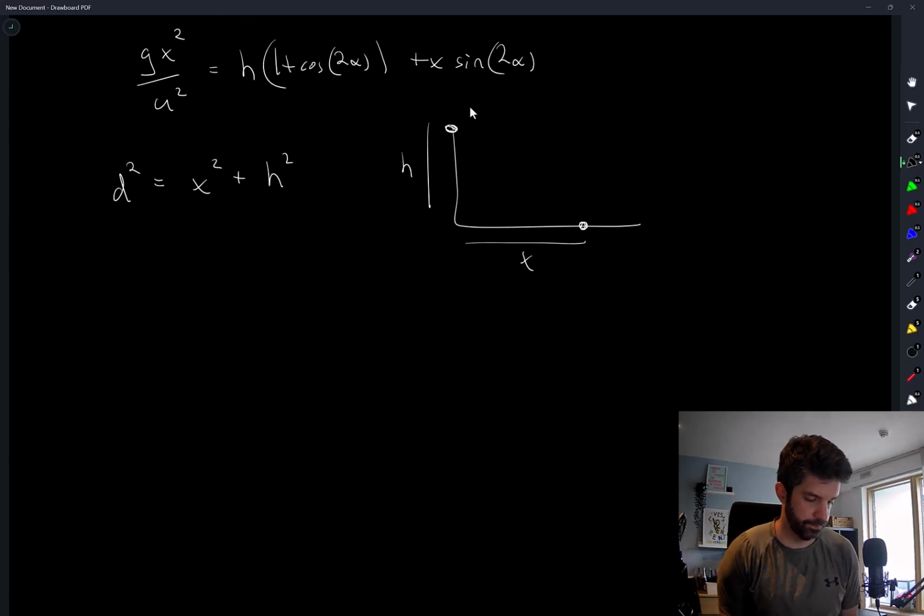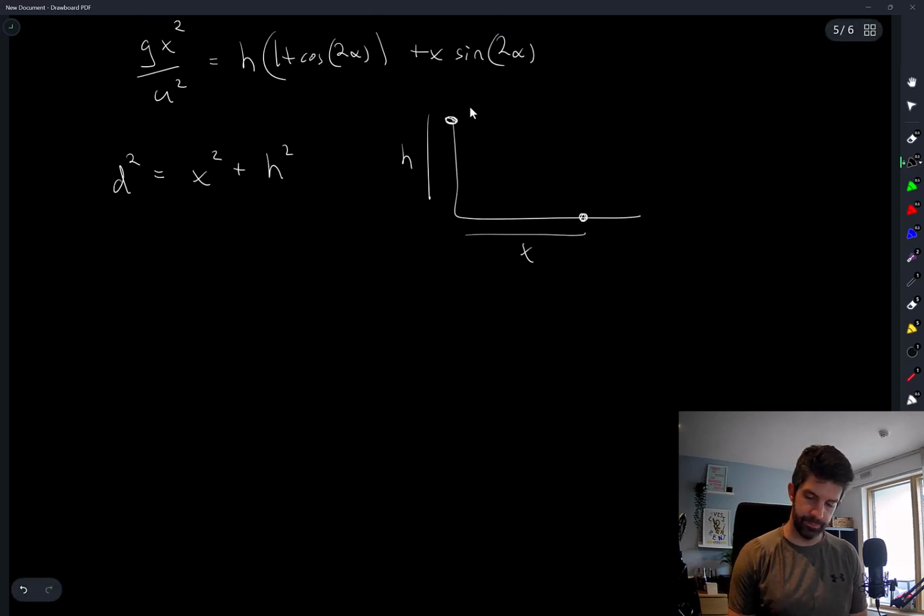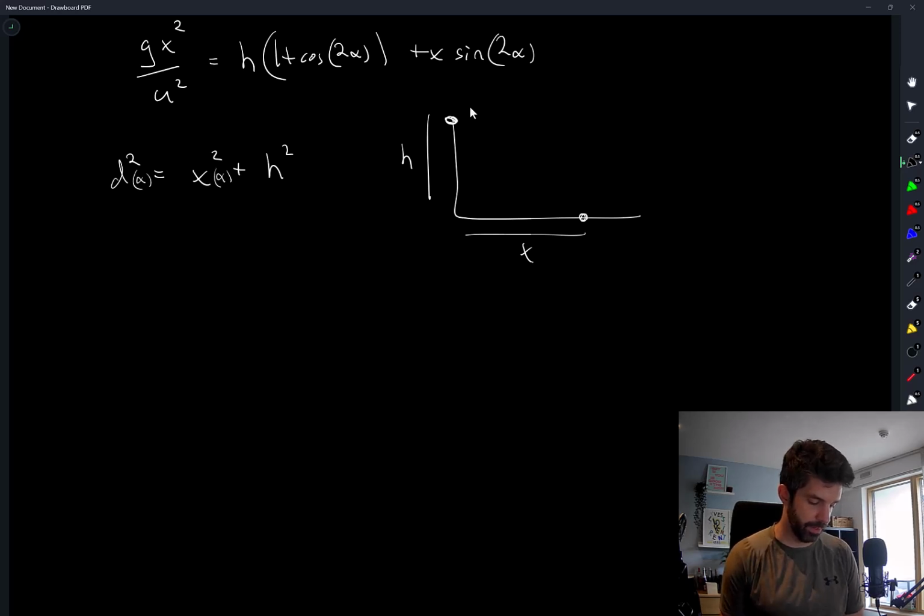So what do I want to do here? Well, I again want to think of this as a function of alpha. D squared of alpha is a function of x squared of alpha plus h squared.